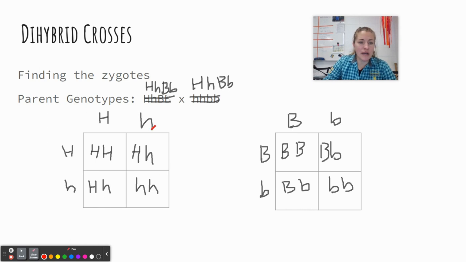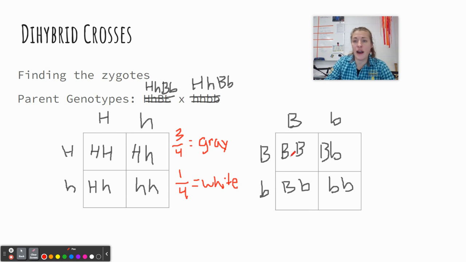So with my first one, I have 3 out of 4 chance of getting gray hair, and I have a 1 out of 4 chance of getting white hair. And you can do this with percents as well. I'm just using fractions. And then I have a 3 out of 4 chance of having black eyes, and a 1 out of 4 chance of having red eyes.